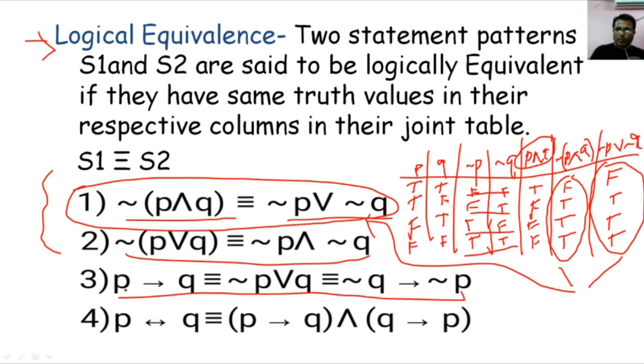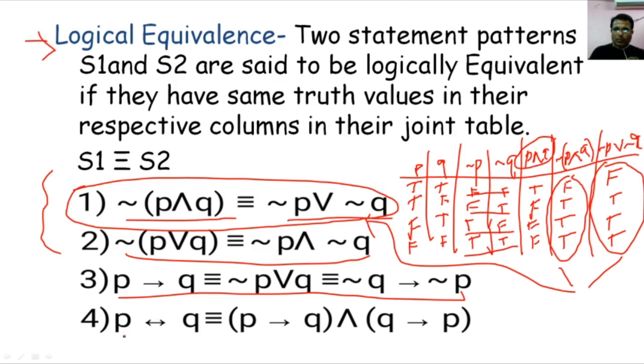This third one is called as conditional equivalence, and the last one is called as biconditional equivalence. We will see this in detail afterwards, and their proofs also we are going to check because they are coming in exercise also.